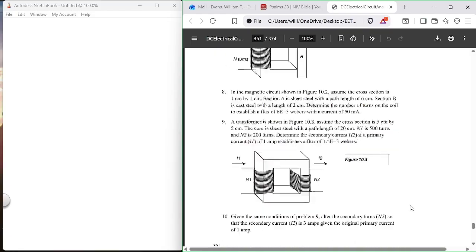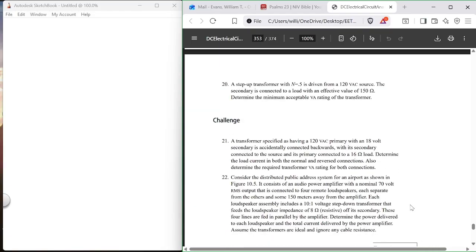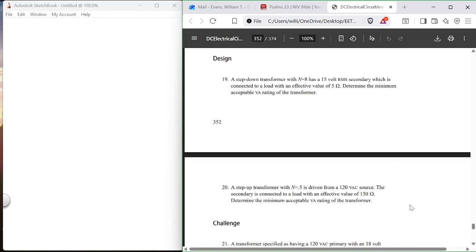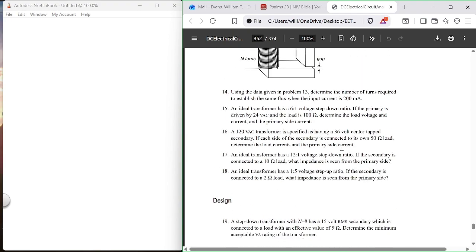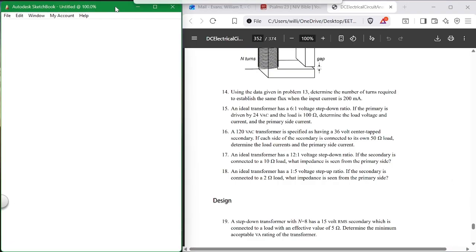So down here, there was a problem that I totally muffed. Number 16, I explained it, and I think I messed it up. So anyway, let's do it again.